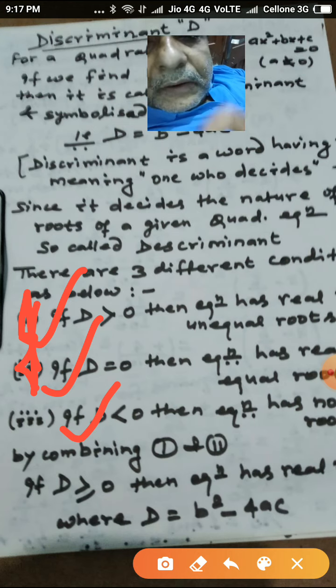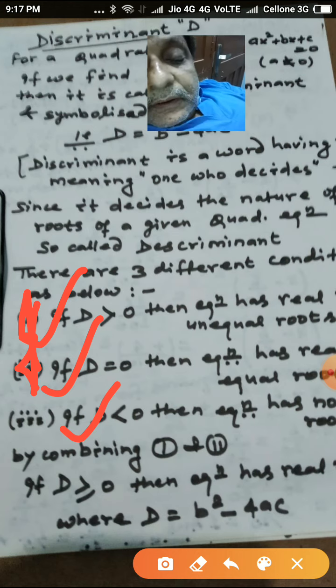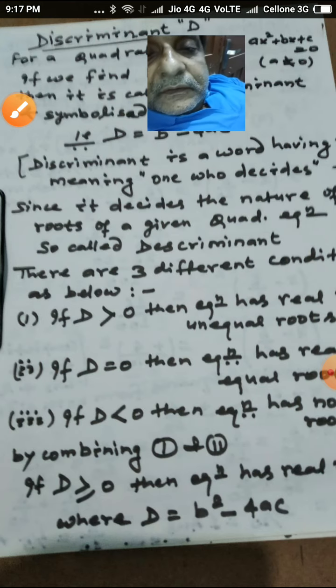Now among real, whether they will be equal or unequal depends upon the specific example. So one more condition we memorize: for real roots, the condition is D greater than or equal to 0. So these are the different situations.